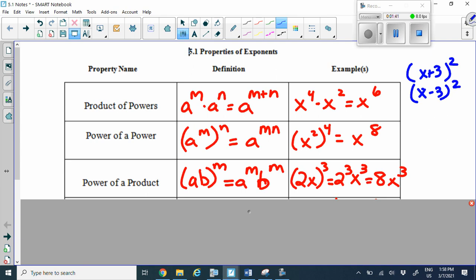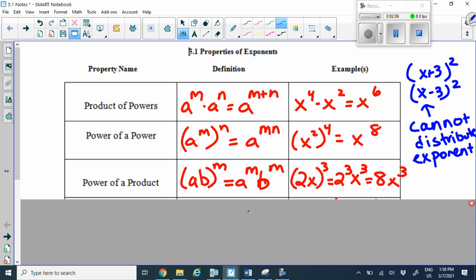But when you either multiply or divide terms, you actually can distribute the exponent. So just make sure you know the difference there. Adding and subtracting, you cannot distribute the exponent, but with multiplication and division, you can.